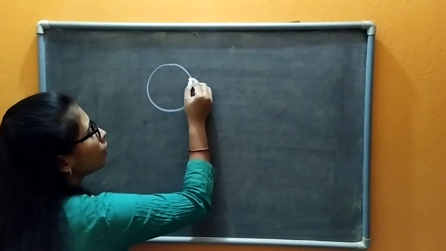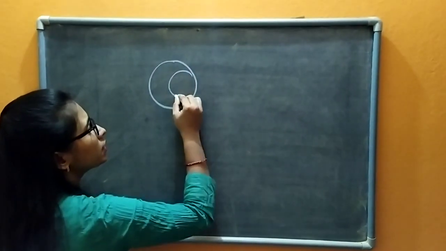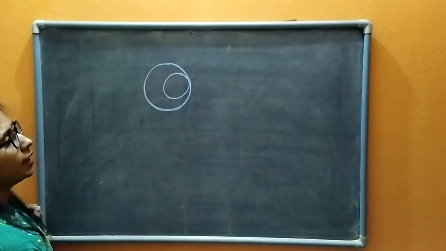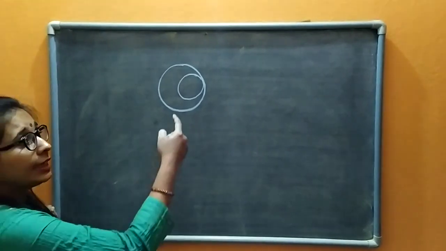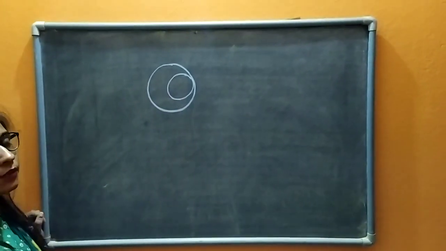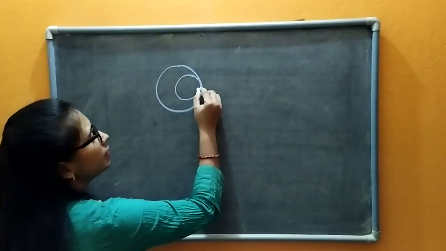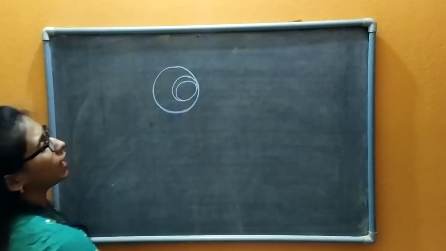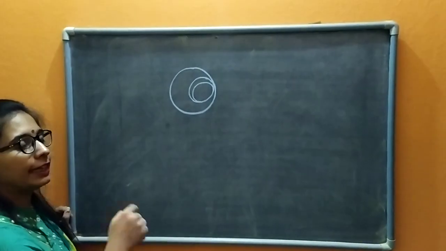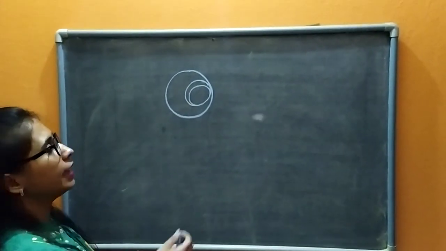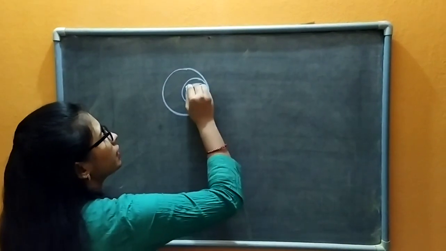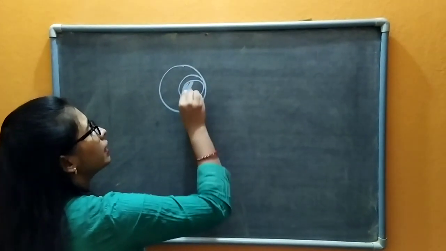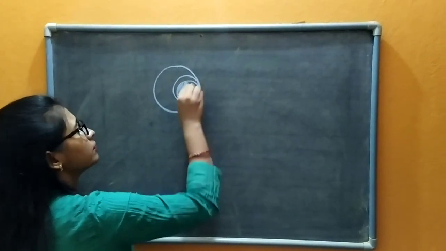Then draw one more circle inside. इस सर्कल के अंदर एक और सर्कल बनाना है. Fine. Then draw one more circle. अब इस सर्कल के अंदर भी एक सर्कल बनाना है. Then color it. फिर आप इसको कलर करोगे. Okay?